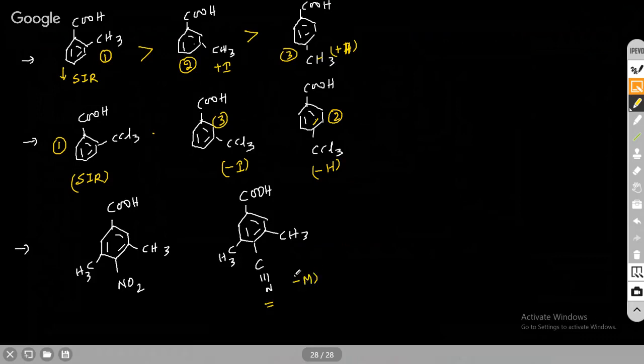So minus M is possible here in comparison to this one, and hence this one is more acidic. Got it?